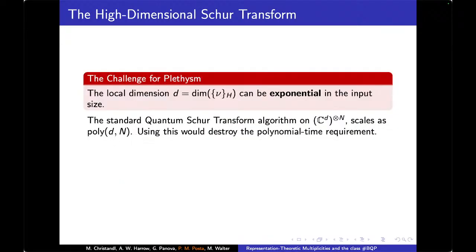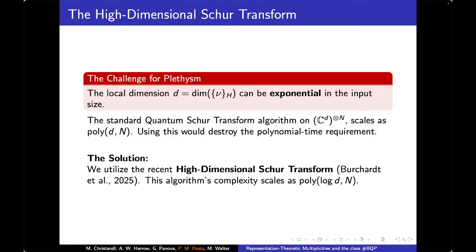I think I should be quicker. Then there is a challenge, but also a solution. And the challenge is that historically, the quantum Schur transform, which is the only primitive that we use, was very inefficient in the local dimensions. In fact, for C to the D tensor n, it was polynomial in D. Recently, very luckily, people have improved this.